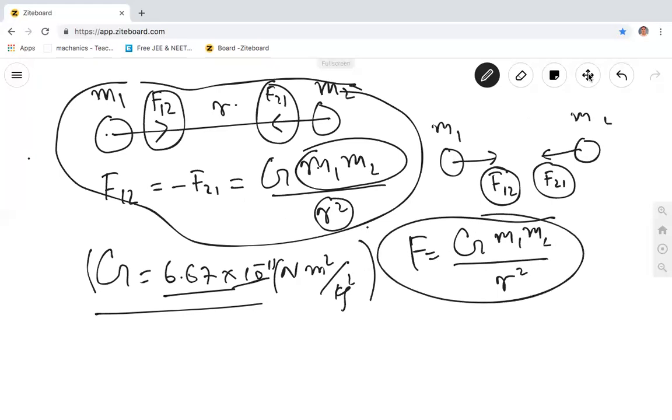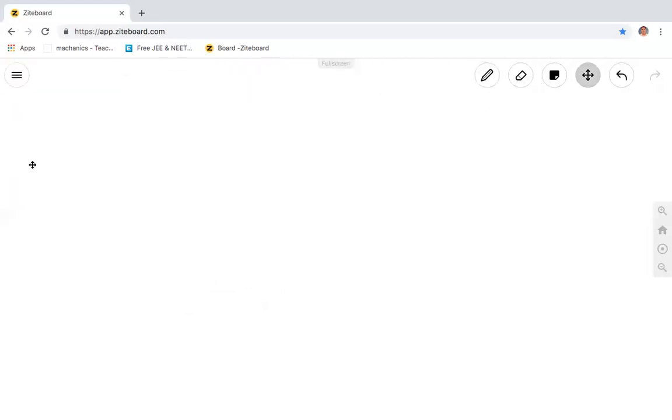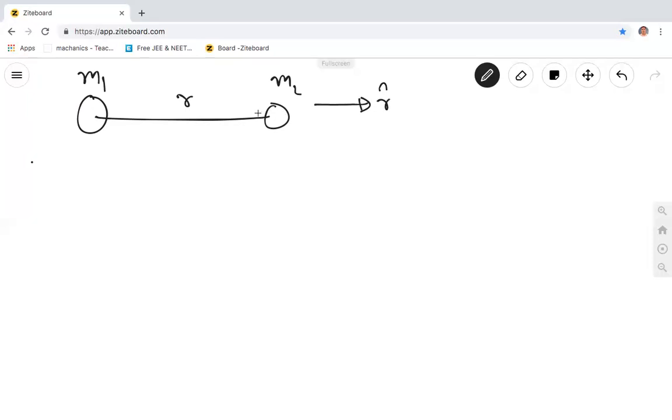Now, what is the direction of this force? If I put this law into vector form, it is like this. This is mass M1, this is mass M2. Suppose this is R, you take this direction as the unit vector direction, right? Now please tell me, what is this force F12 and what is this force F21? This F12 is G M1 M2 by R squared.